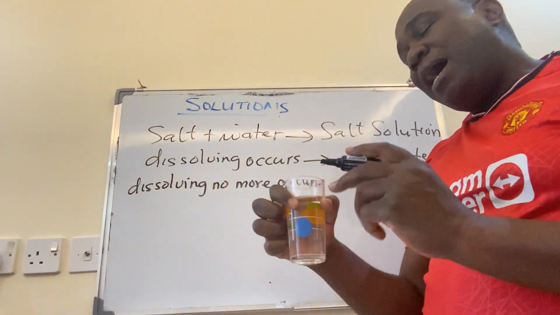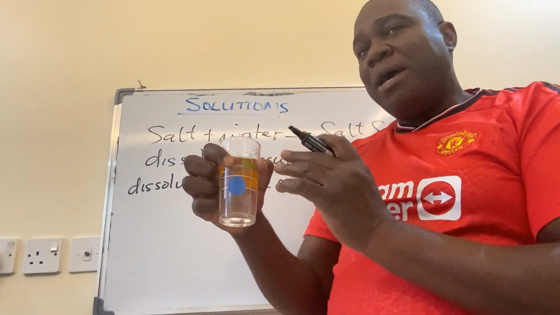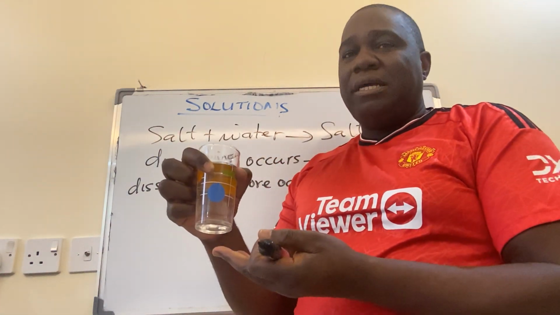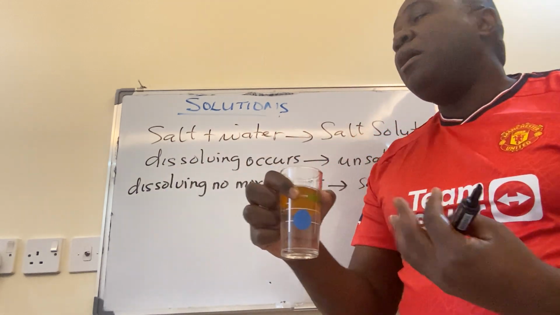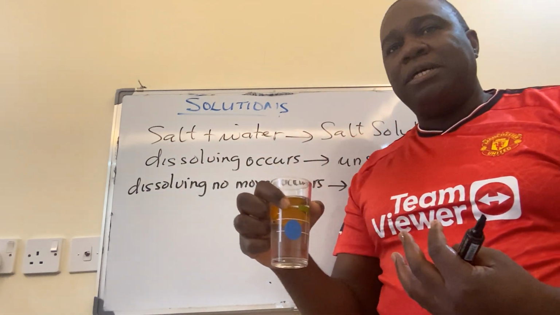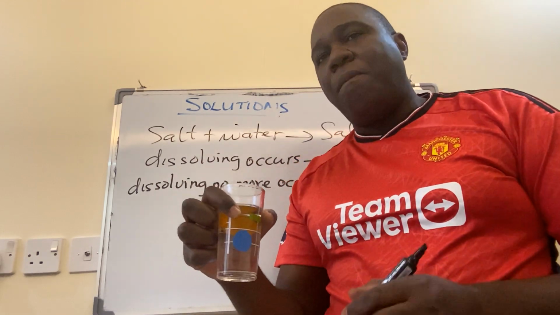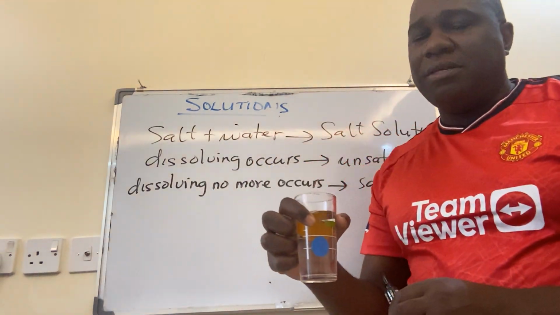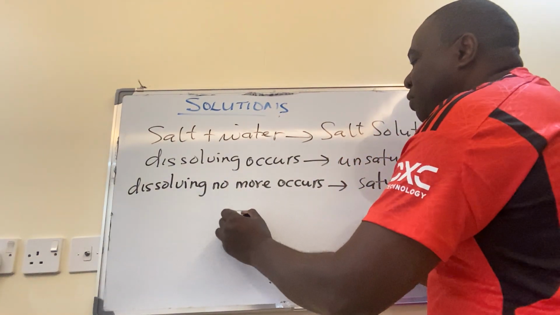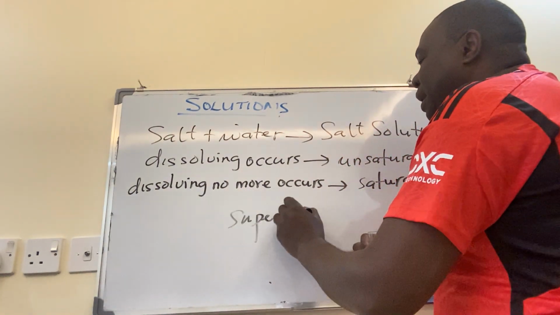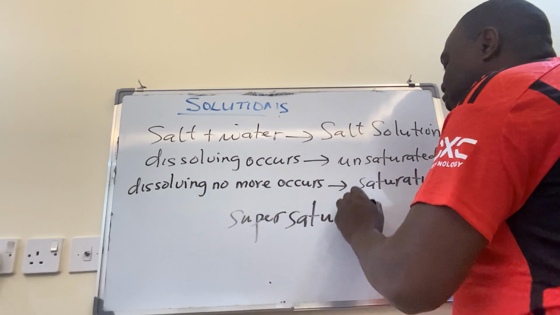Remember, I've reached saturation, but what I'm simply doing now is to heat. By heating, I'm promoting collisions between the particles of the solvent and the solute, and I can allow more solid to be dissolved. And as a result, you can actually have what we call a supersaturated solution.